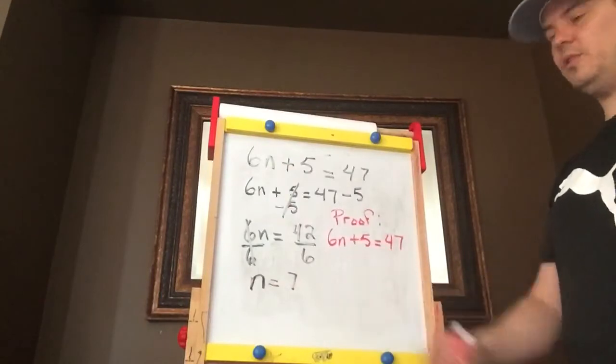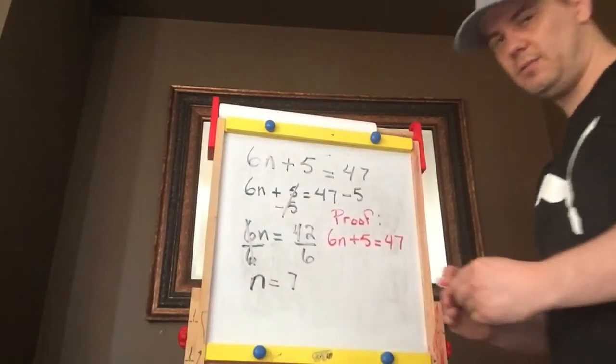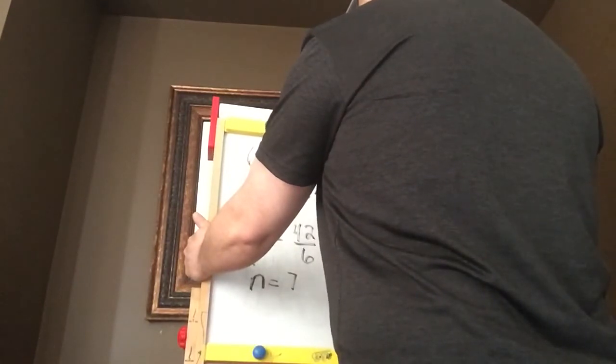Quick proof here. Rewrite the equation. 6n plus 5 equals 47. Again, we know at this point that n equals 7, or at least we think we do, so we need to check to find out if we're right. Replace the n with a 7.